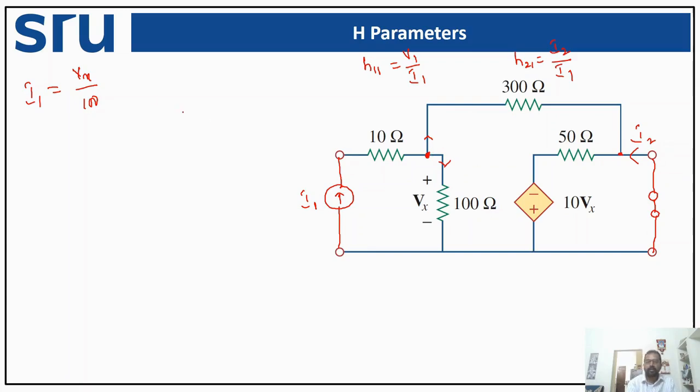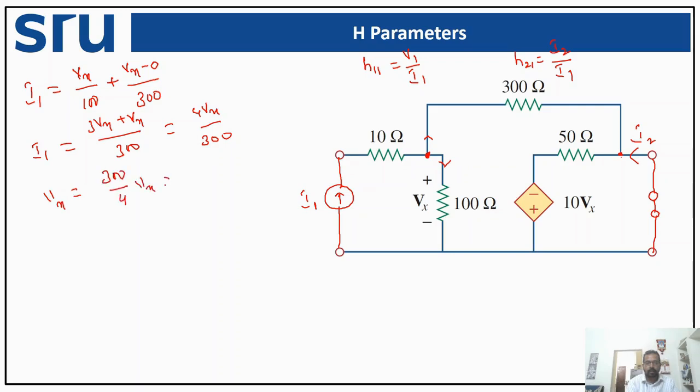So the current flowing through is the potential difference between these two nodes divided by 300, the resistor here, plus Vx minus 0 divided by 300. So my I1 is equal to 3Vx plus Vx by 300. So it is equal to 4Vx by 300. So we can write Vx equal to 300 by 4 I1, which is equal to 75 I1.